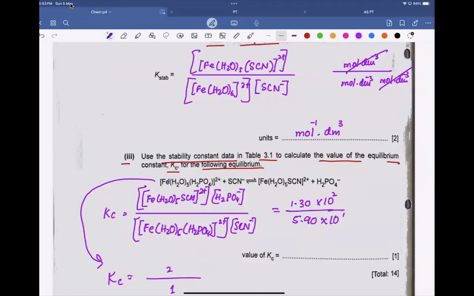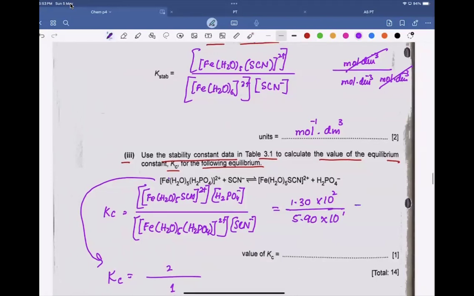So if we calculate the value, we will get the answer, 2.203. So if anyone of you has any confusion in this, please ask. So the answer is 2.203.